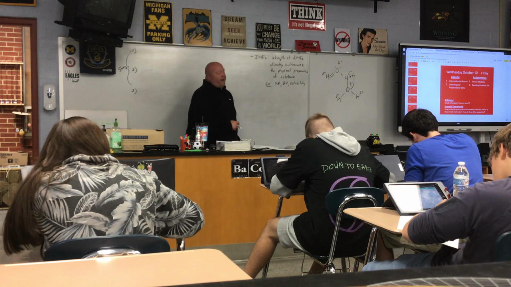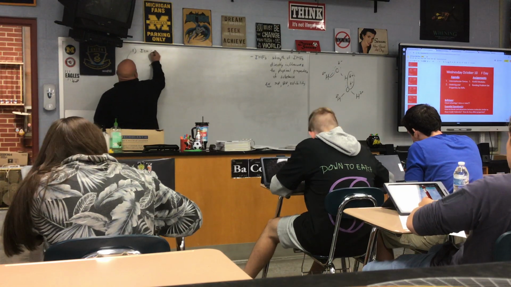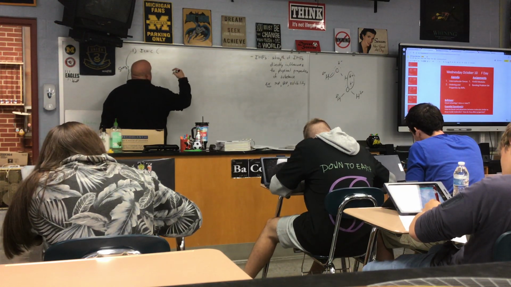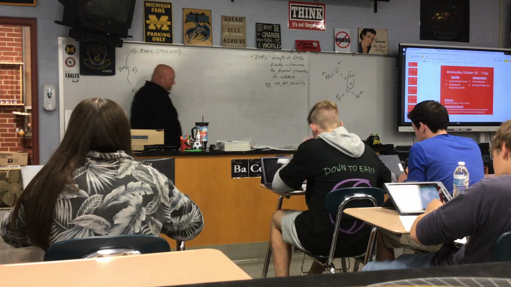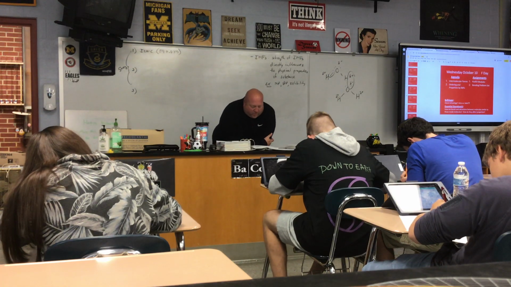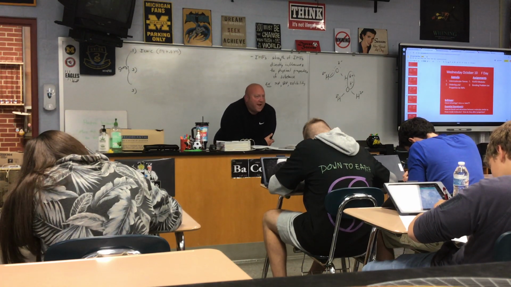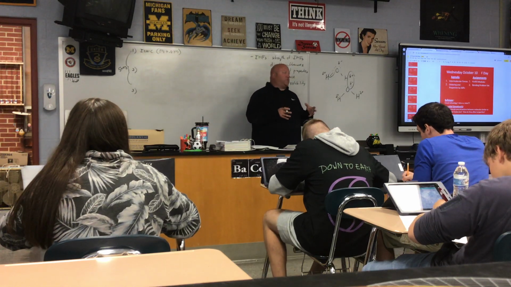Under ionic, we've talked about ionic bonds. How do we know if something is ionic? A metal and a non-metal. An ionic solid is held together by electrostatic attractions. What was the other word that we use for electrostatic?